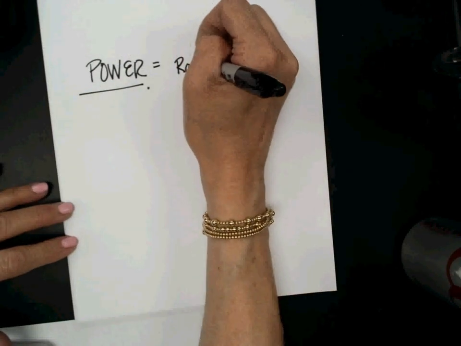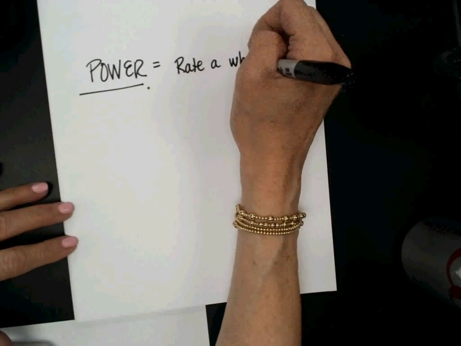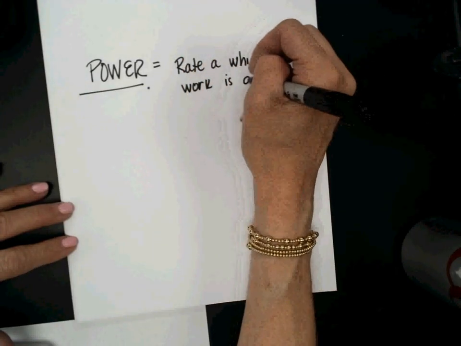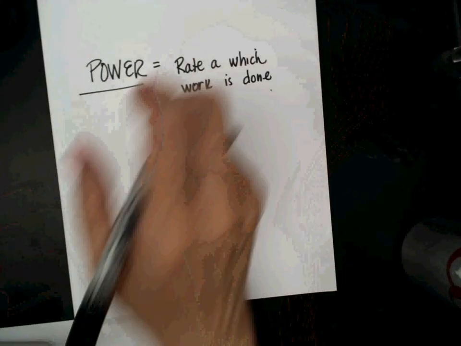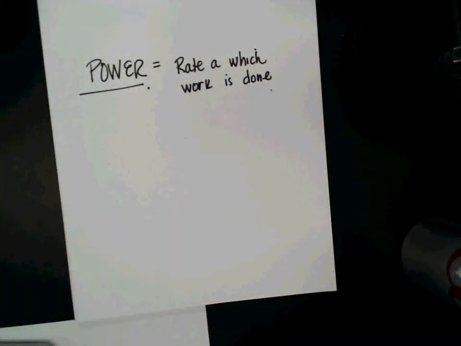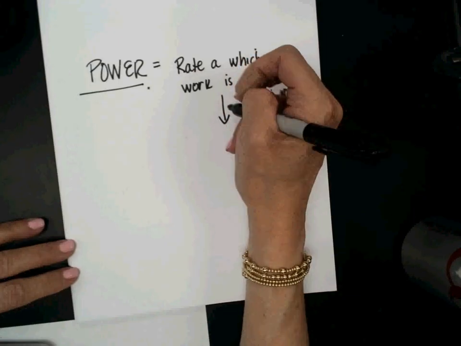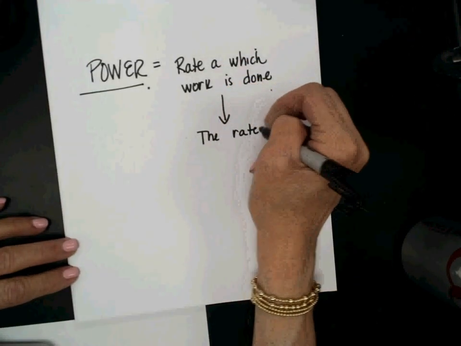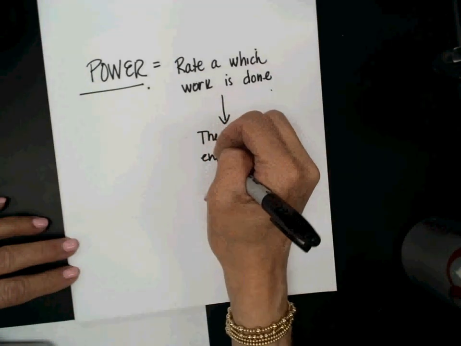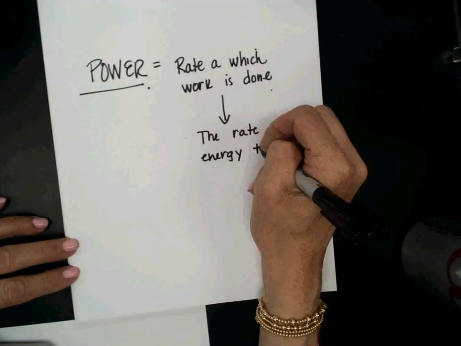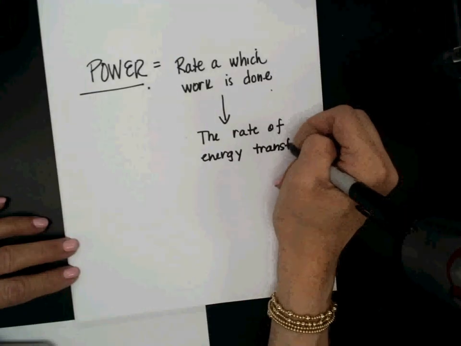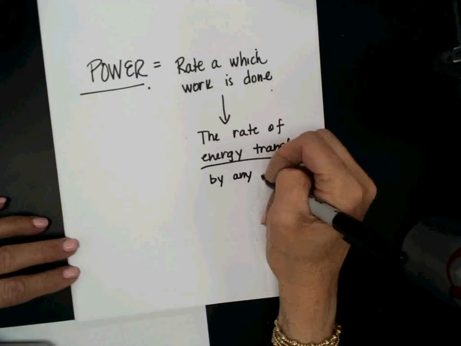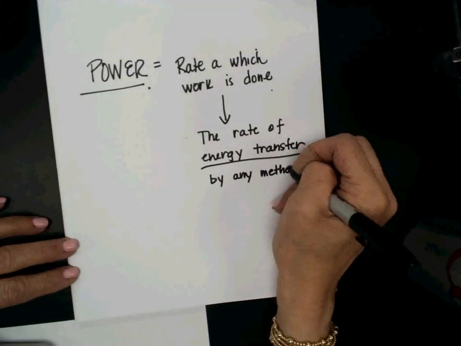Power can be called the rate at which work is done, but more specifically in physics we say it's the rate of energy transfer by any method.